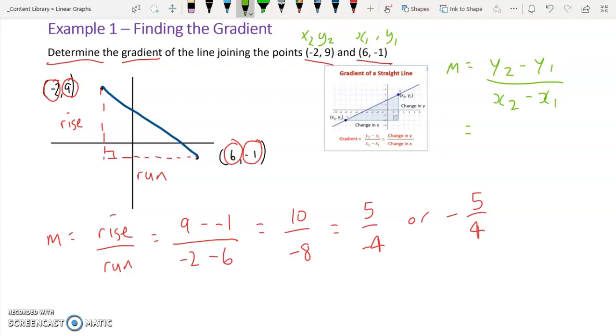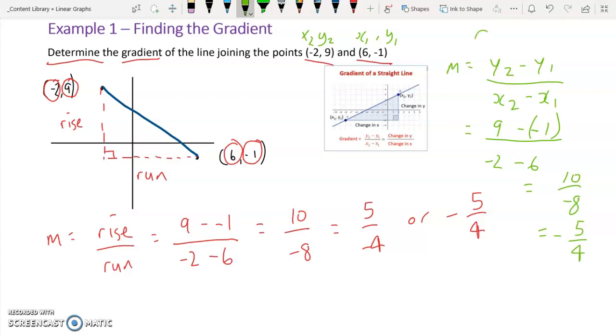So the difference between y2, which is 9, minus -1, all over the difference between the x values, which is x2, which is -2, minus 6. So we end up with 10 over -8 again, which is equal to -5 over 4.